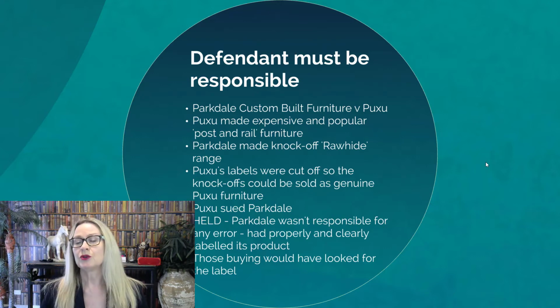And here the court said, well, if you had consumers that were actually looking for Puxu furniture, this rather expensive post and rail furniture, they'd want to make really sure that they were actually getting what they wanted to get before shelling out that kind of money, and so they would be expected to look for the label. Now, if they didn't find one, then there should have been questions asked.